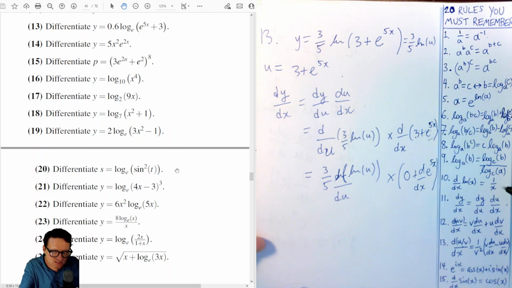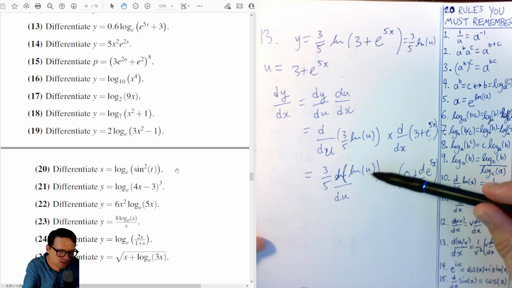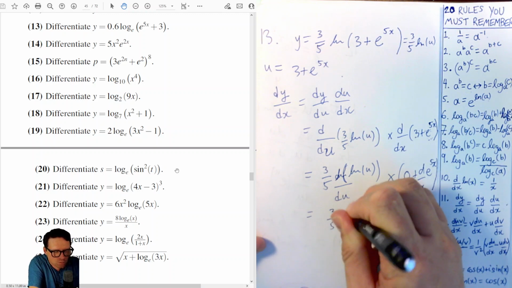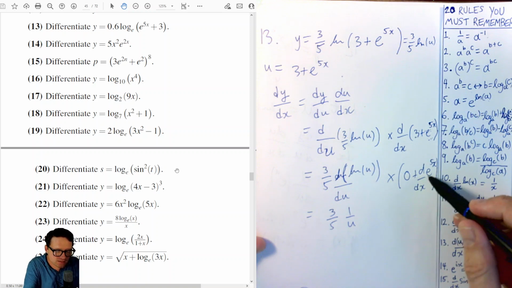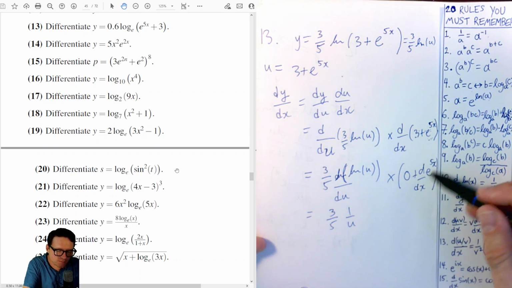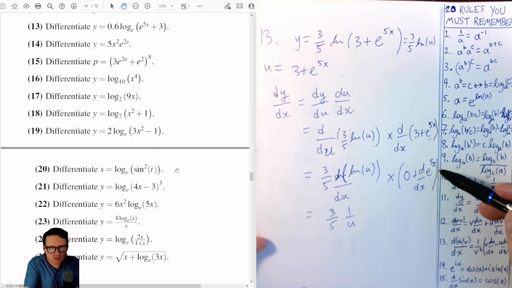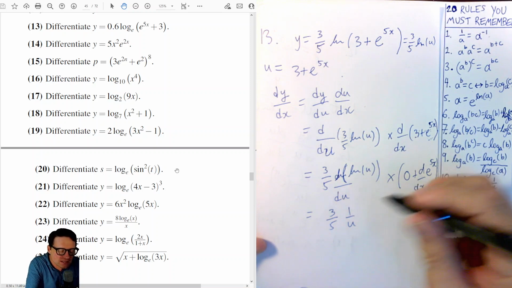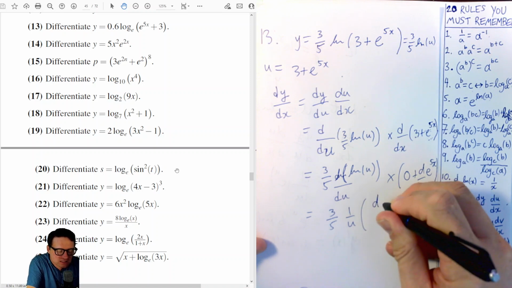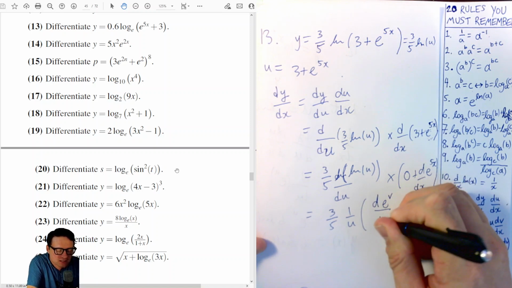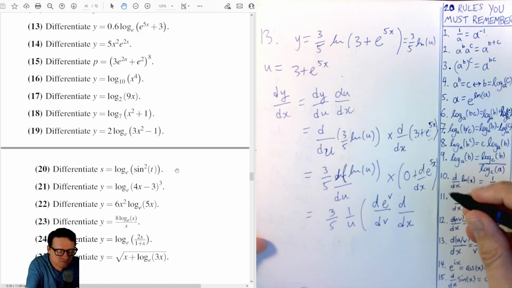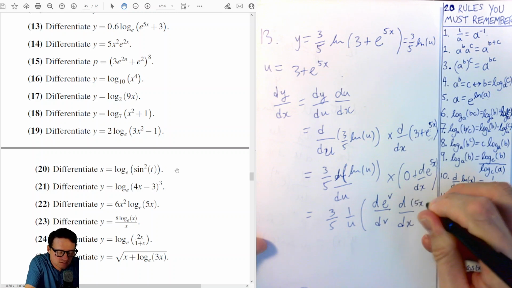Now let's use rule number 10. This derivative is 1 over u, so we have 3/5 times 1 over u. Over here we need to use the chain rule again: let's set out v equals 5x. This is d e to the v with respect to v times dv on dx, where v is 5x.